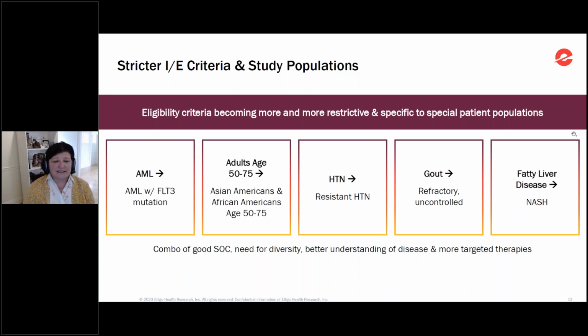There are the resistant diseases and uncontrolled diseases, and then not just fatty liver disease, but people are looking for NASH patients, and those are even harder to find, and there's a lot of competition in that space. So there are more and more trials, but it's harder and harder to recruit. So thinking about the standard of care that's out there and the need for better diversity, you really have to understand the diseases, your patient population, and how you're going to make sure that you're taking the right trials and investing your time in things that you can be successful at.